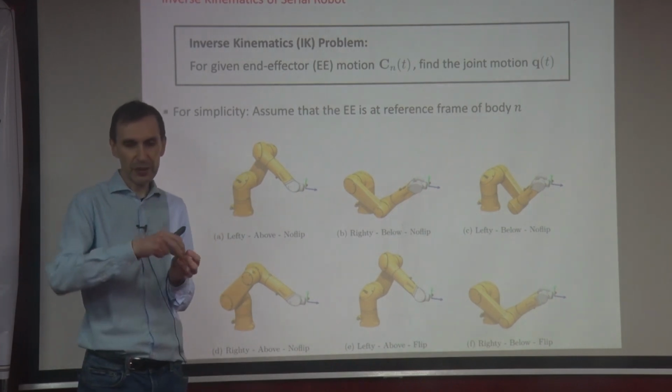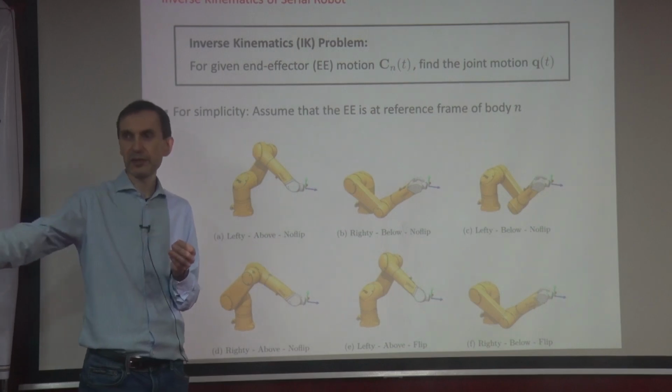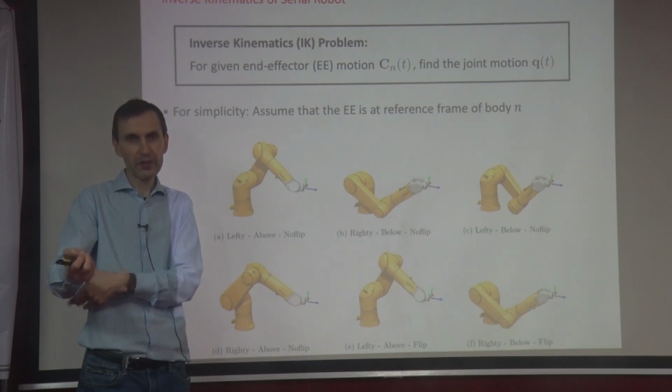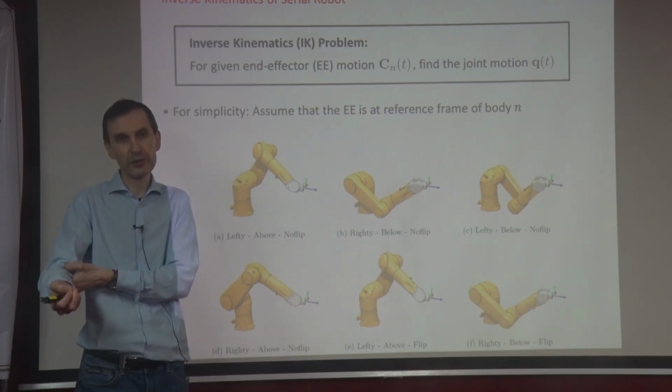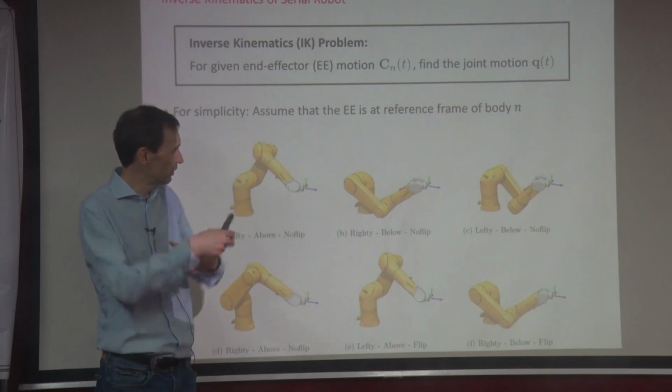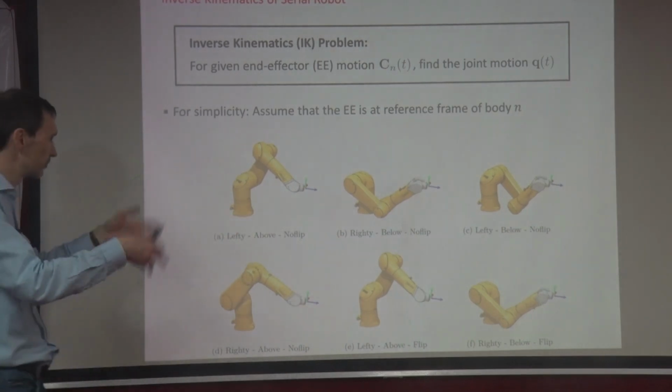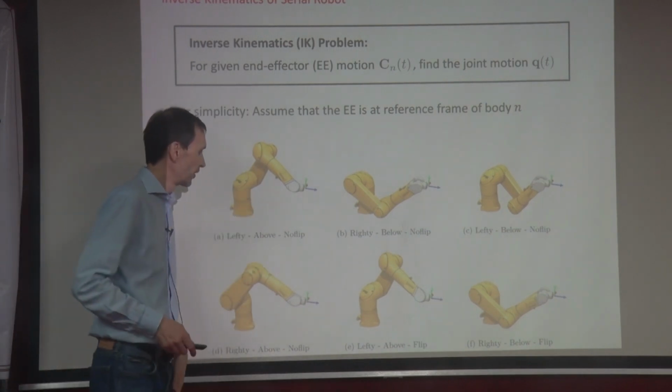The path normally is prescribed, so you might come to a point where the inverse kinematic solution does not have a solution, because it's too convoluted, so to say.